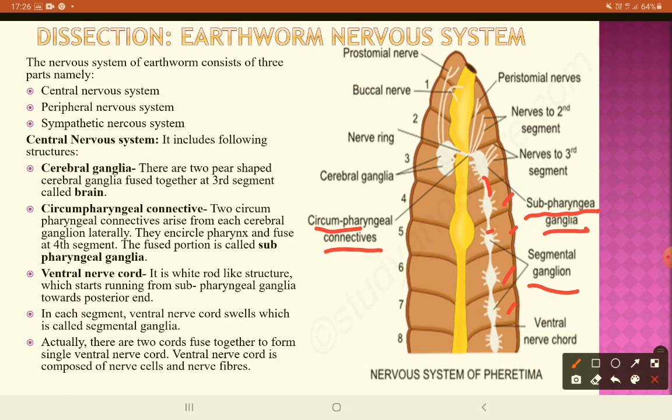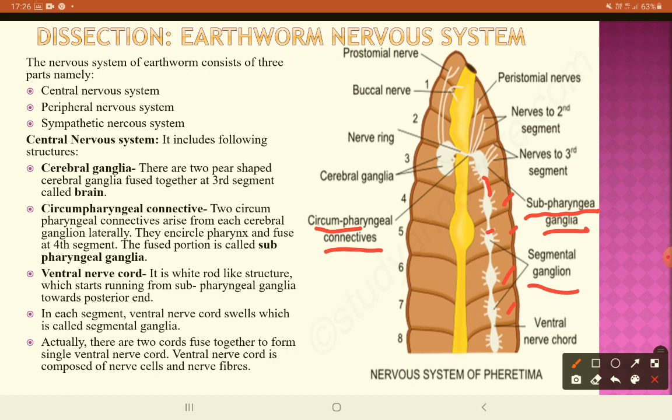Now if you look at this ventral nerve cord, it appears as a single nerve cord, but basically it is made up of two cords which are fused together. This nerve cord is composed of nerve cells and nerve fibers.